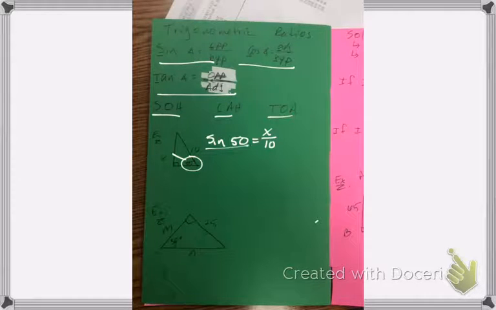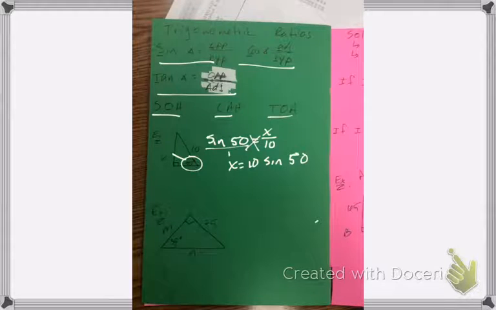And this will be one of the few times you see me do this. But I can make this into a proportion by putting sine 50 over 1 and then cross multiplying and solving. So I get x equals 10 times sine 50.